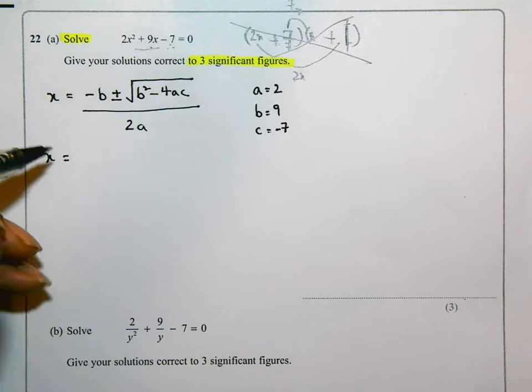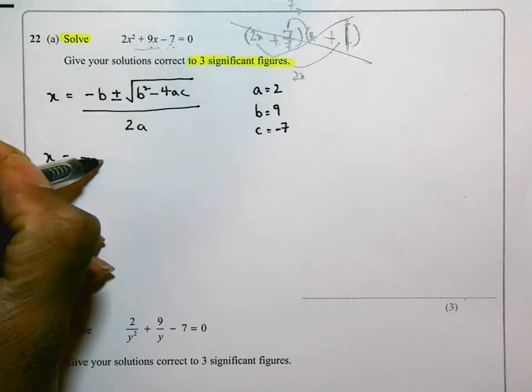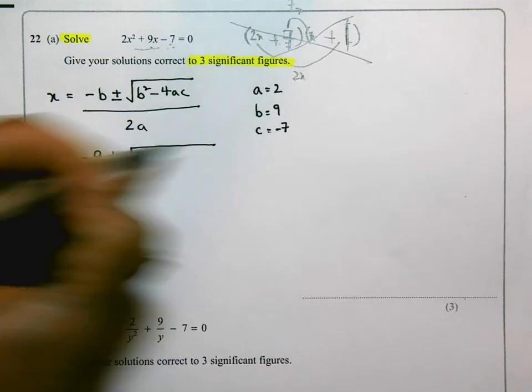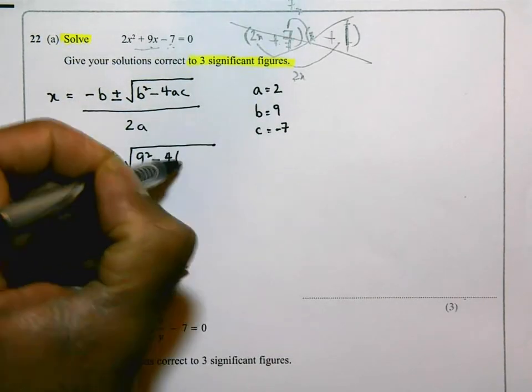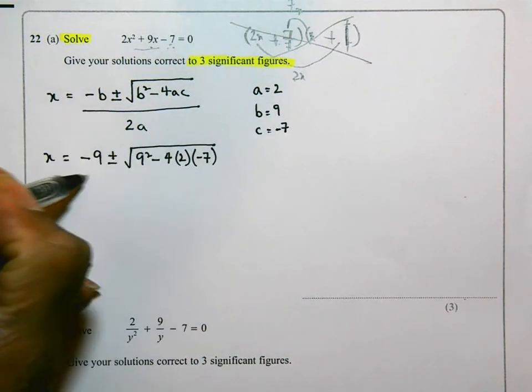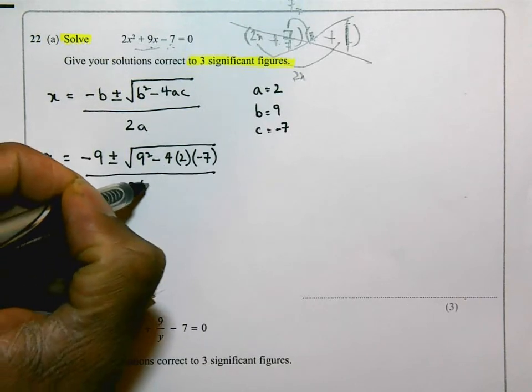So I'm going to replace b with 9, so minus 9, plus or minus the square root of 9 squared minus 4 times 2 times minus 7, all over 2 times 2. A is 2.